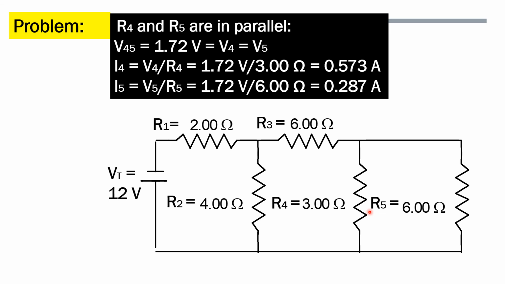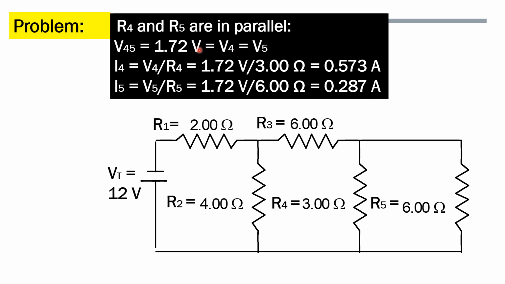So in our solution, since R4 and R5 are in parallel, previously we already determined that V sub 45 is equal to 1.72 volts. And that means that this voltage is also equal to the individual voltages.